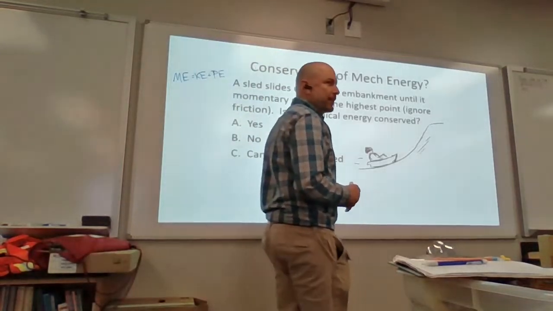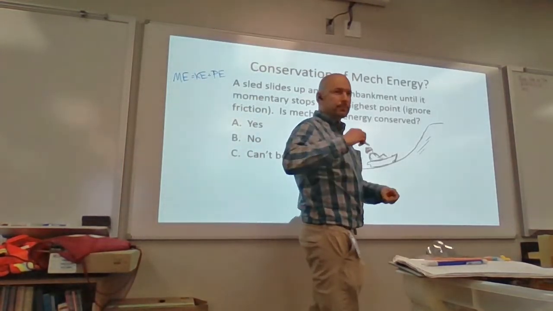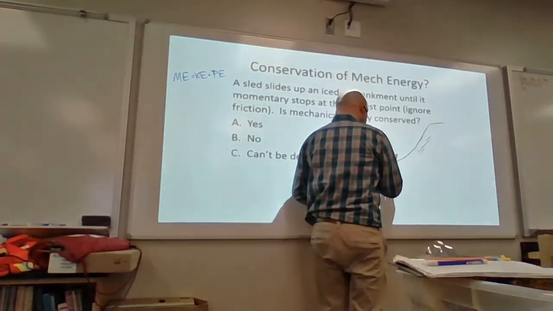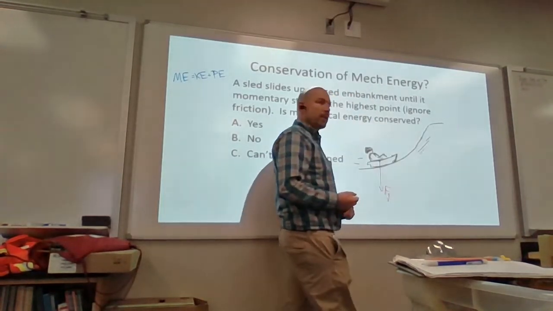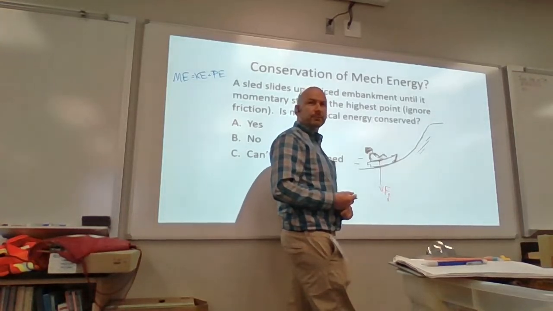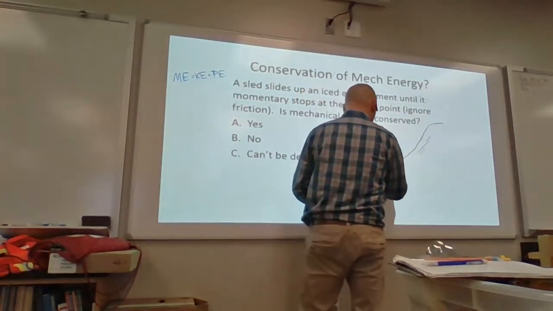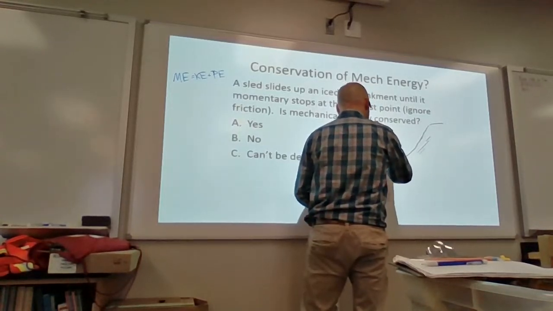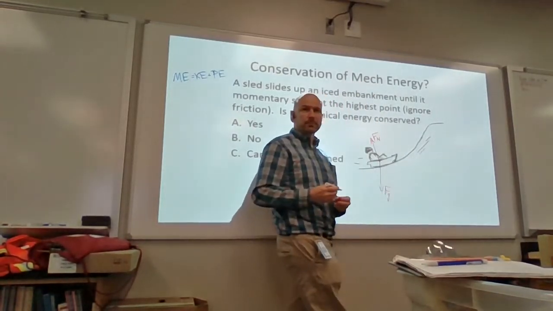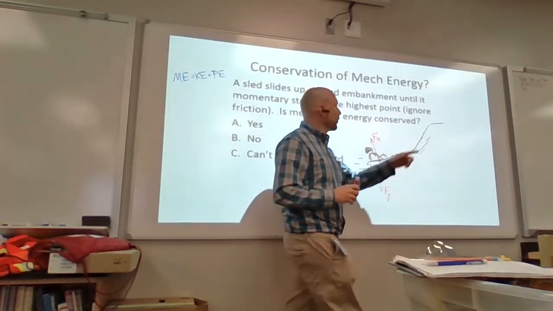What forces are acting on the sledder? Gravity. We are on or near the surface of the earth. What else? We've got normal force, perpendicular to the surface. We're ignoring friction.